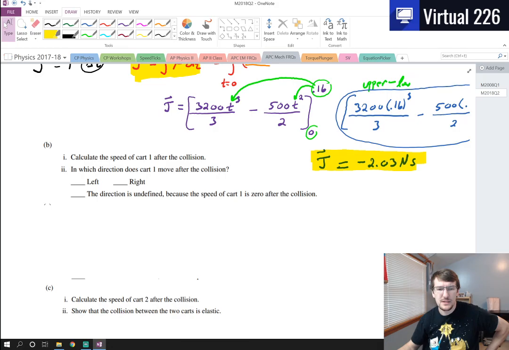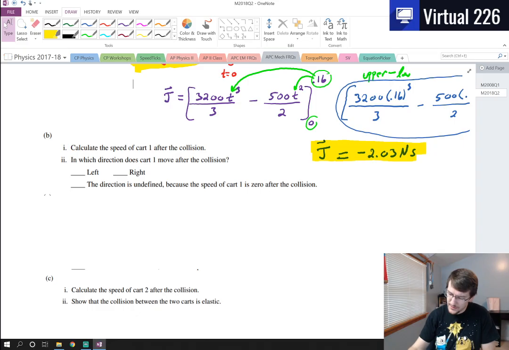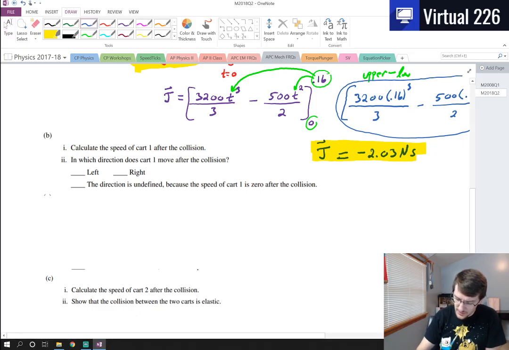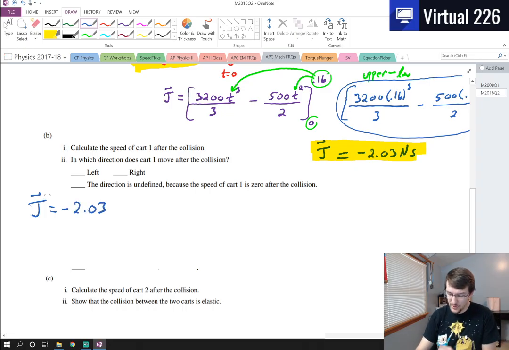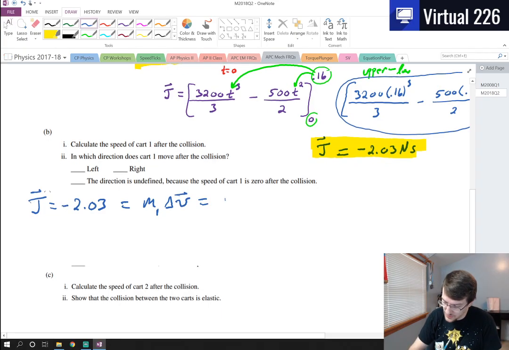To find the speed of cart 1 after the collision, what we need to be able to say is that this impulse existed on the car, and that impulse was negative 2.03 Newton seconds. We can say that that impulse is equal to a change in momentum. And remember, change in momentum is the mass, and we'll call that cart 1, times the change in velocity. And remember, a delta, a change, is always a final minus initial. So this is m1 times cart 1 final minus cart 1 initial.